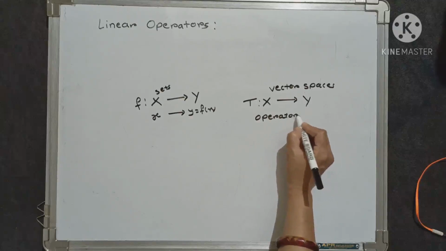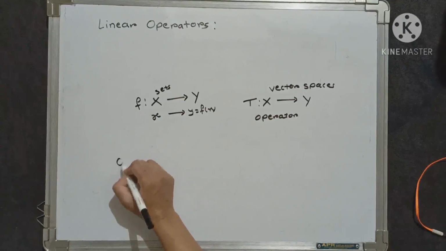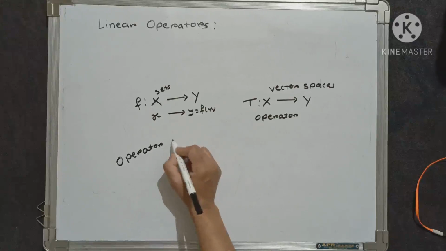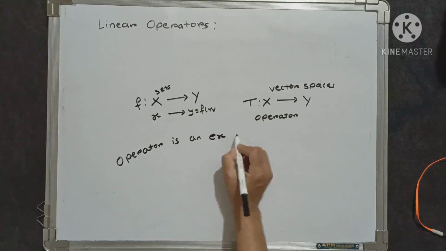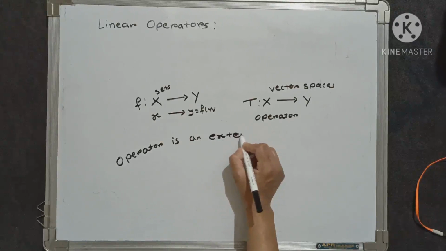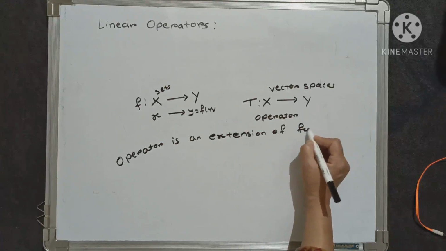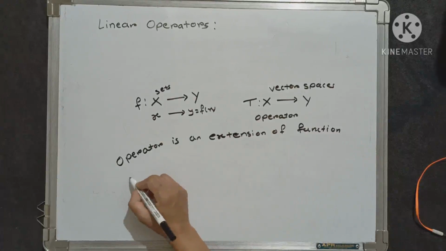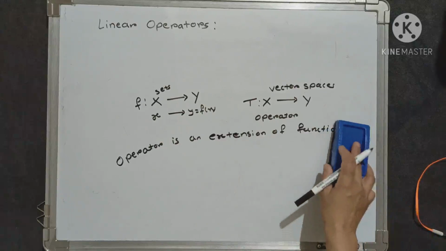So basically an operator is an extension of a function whose domain and codomain are parts of vector spaces. This is about the operator.